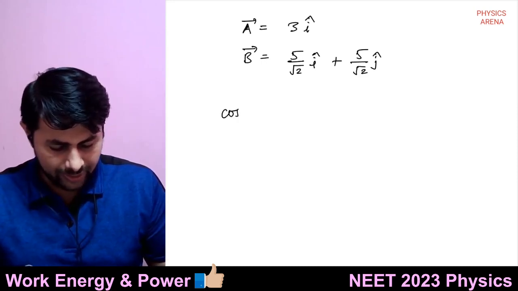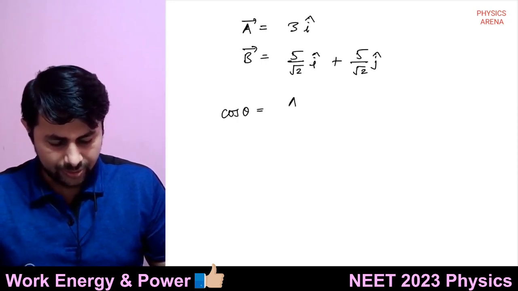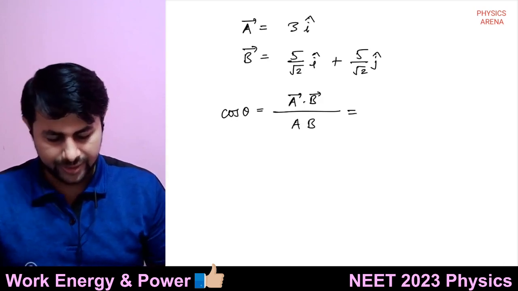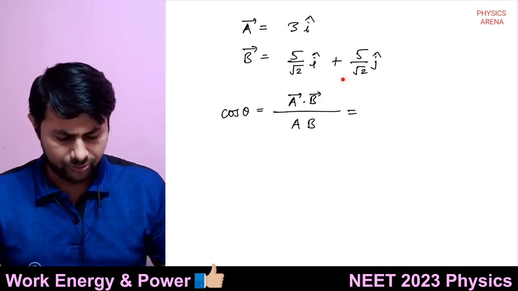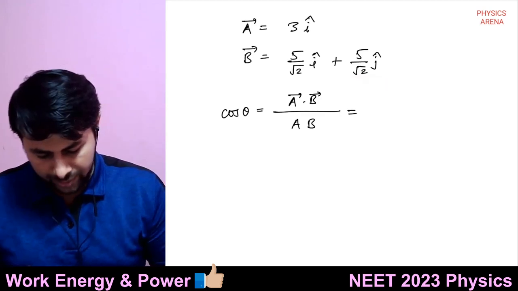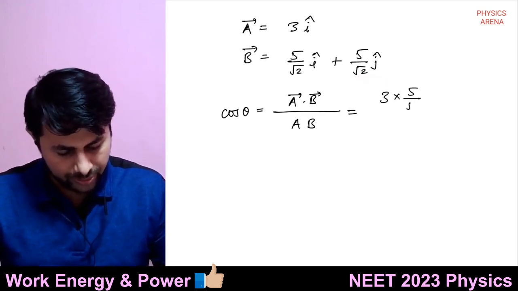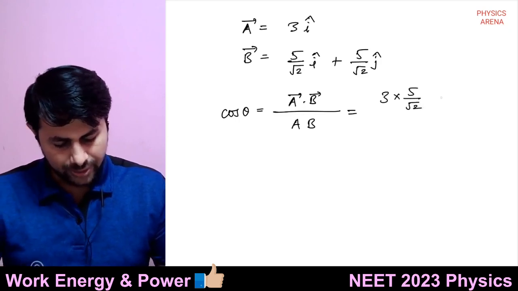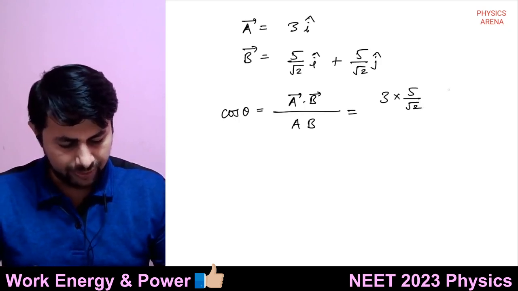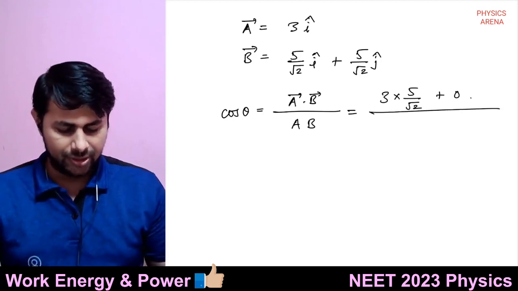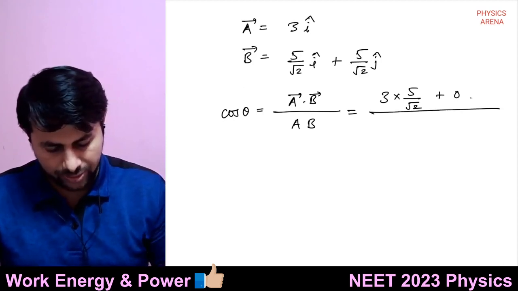So we can write cos of theta is equal to a bar dot b bar divided by magnitude of a times magnitude of b. This is ax bx plus ay by, because we have two components only. So it is 3 multiplied by 5 upon root 2, and how much is ay by? It is 0. In the denominator, how much is the magnitude of a?